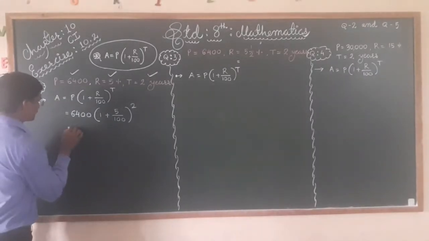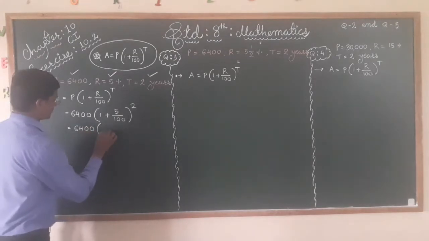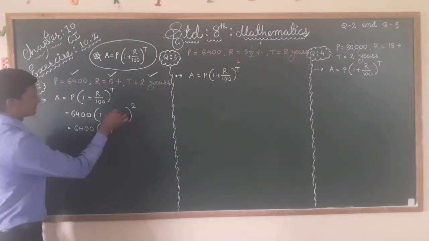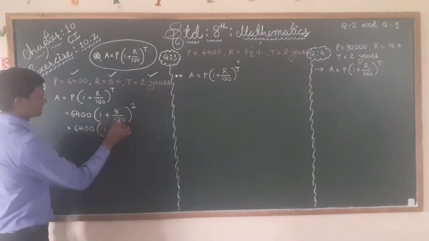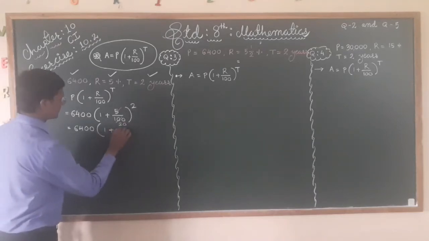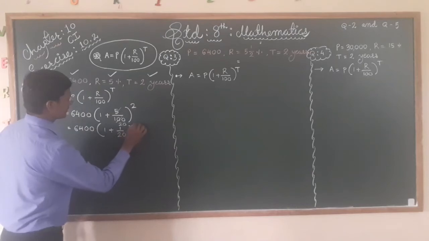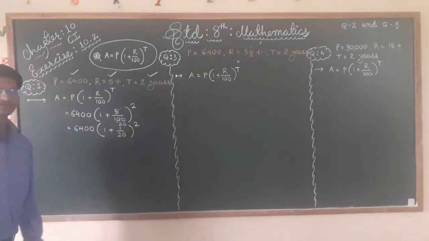Now we will try to simplify. 6,400 into (1 plus 1 upon 20) whole square.